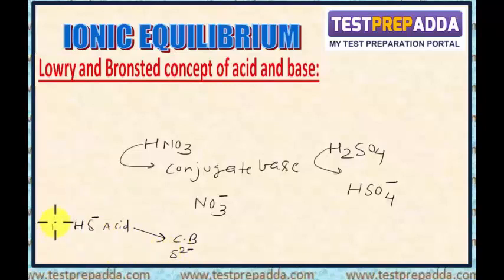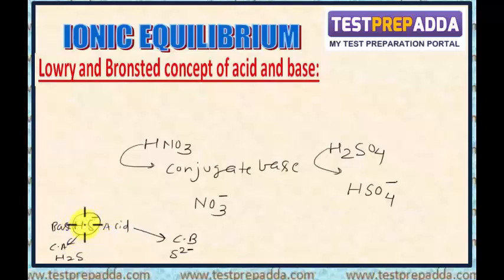Now if I consider this HS minus as base, then I can write the conjugate acid of this base. What will you do to write the conjugate acid of this base? You give one H plus to this HS minus, and when you give one H plus, it will become H2S.